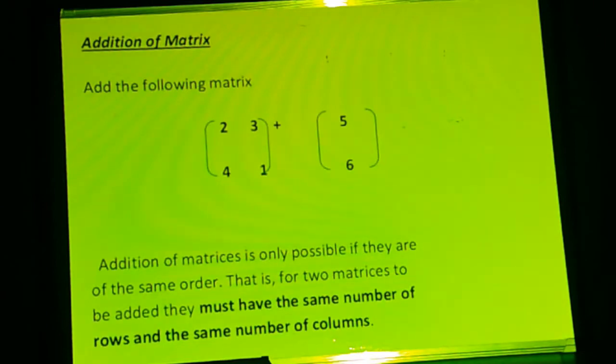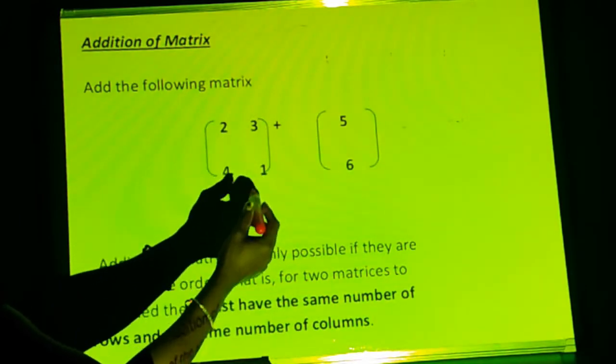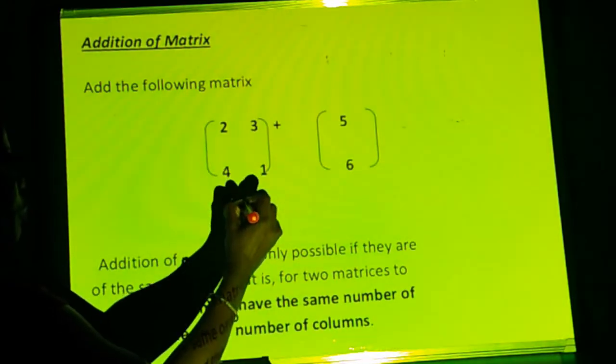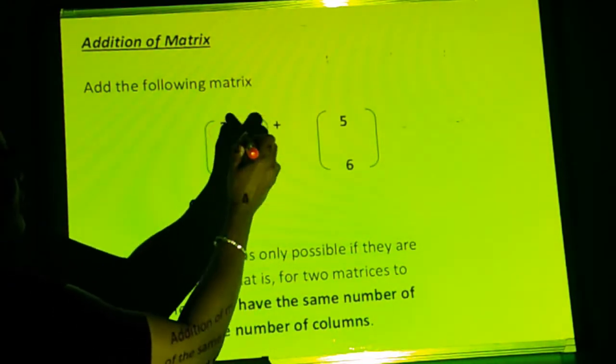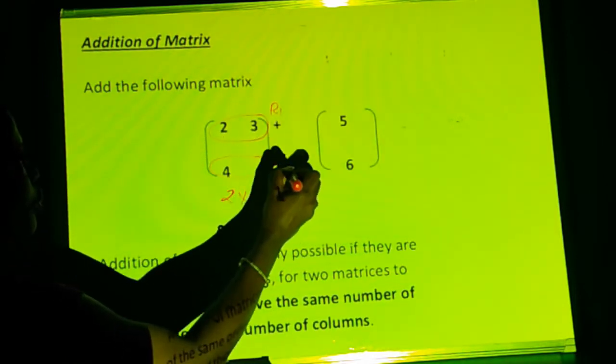Next, you're asked to add the following. What size matrix is this one? The first matrix is a 2 by 2. And I'm sure you see that it's pretty easy. Row 1, row 2.